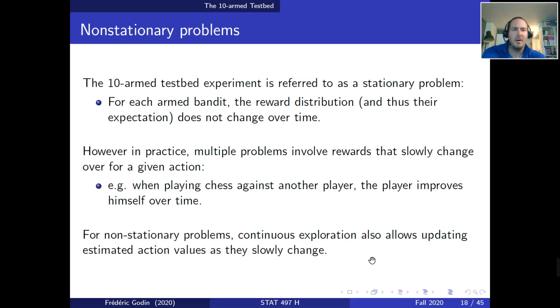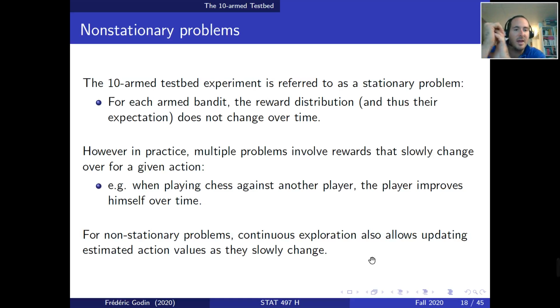So, for example, if we go back to either our tic-tac-toe example from the previous chapter or the example of learning to play chess against somebody, as you play against someone, you will become better, but that person will also improve and change their strategy. So something that tended to work well at the beginning might eventually have a lesser value since your opponent kind of learned how to counter your moves.